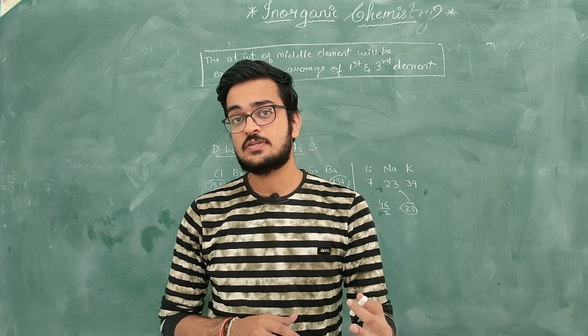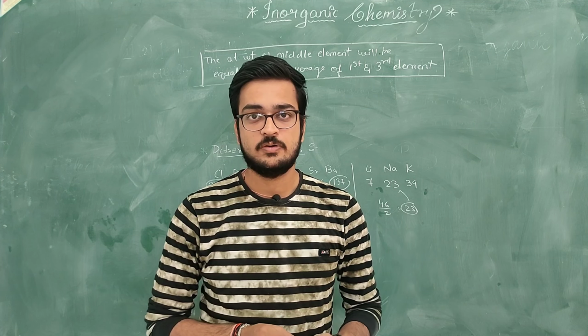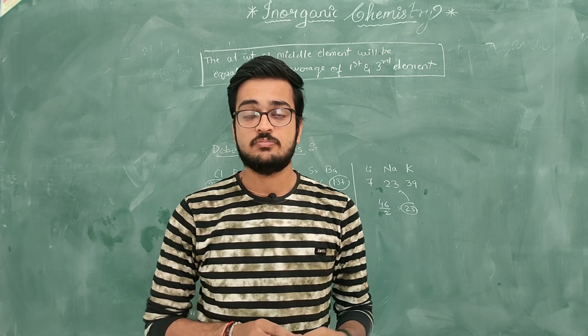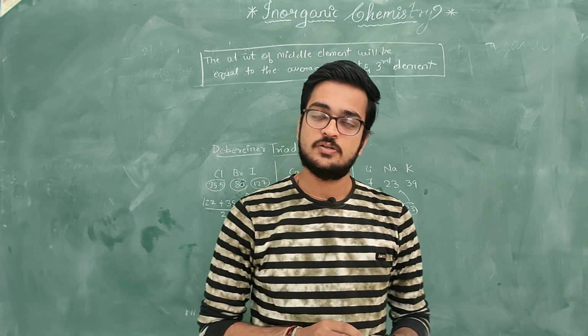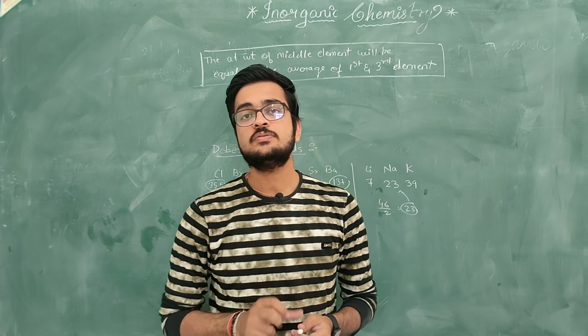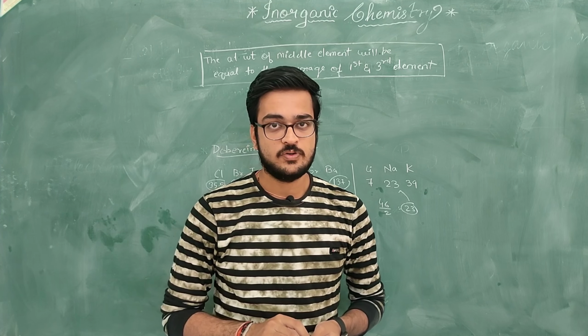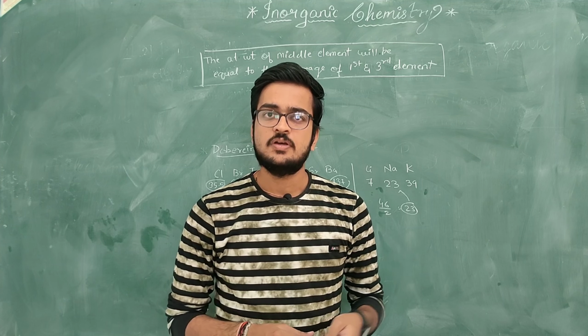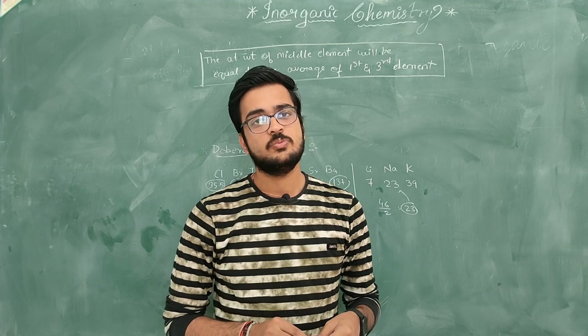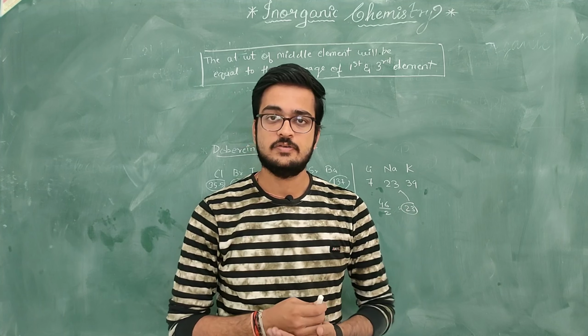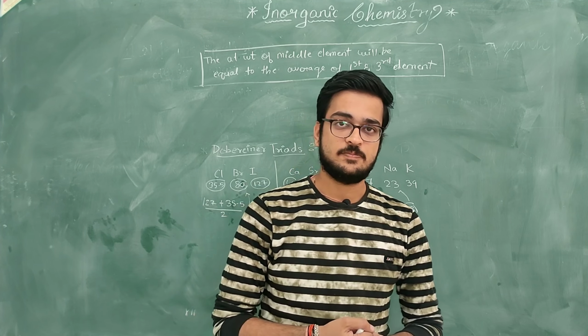But if the difference exceeds 2, then it's not Dobereiner's triads and the law is not applicable for those elements. Obviously it happened that further elements were not obeying his law, and even his law was not accepted.